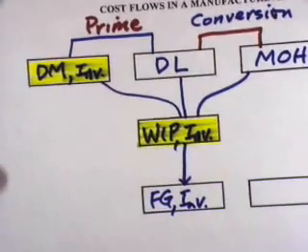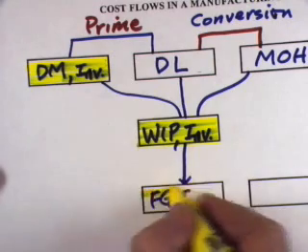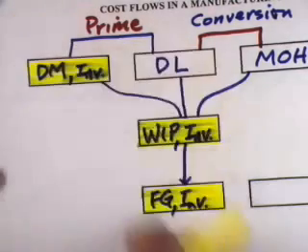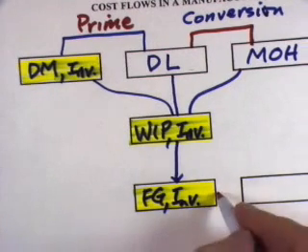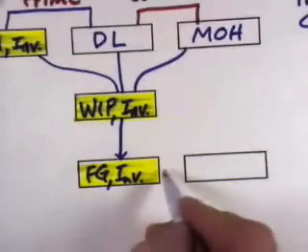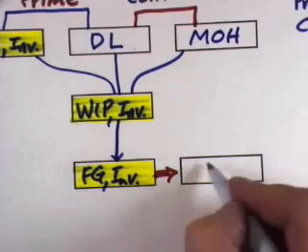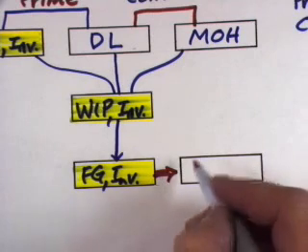But then when the chairs got completed, the costs got transferred out of work in process inventory into finished goods inventory. So the costs have been flowing out of one account into the next account, and the destination of all these product costs is eventually to get to a final account called cost of goods sold.